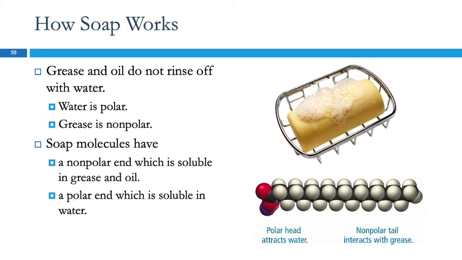And so what happens is, here you've got your glob of grease, right? So you're going to have the polar heads of the soap molecules around the outside, and their nonpolar tails are going to be in the grease or oil. So the tails get in with the grease.